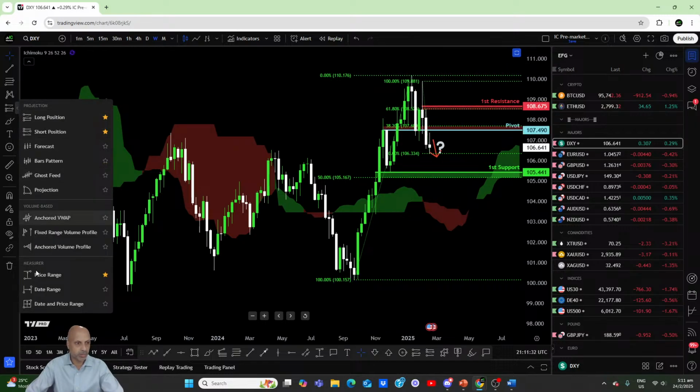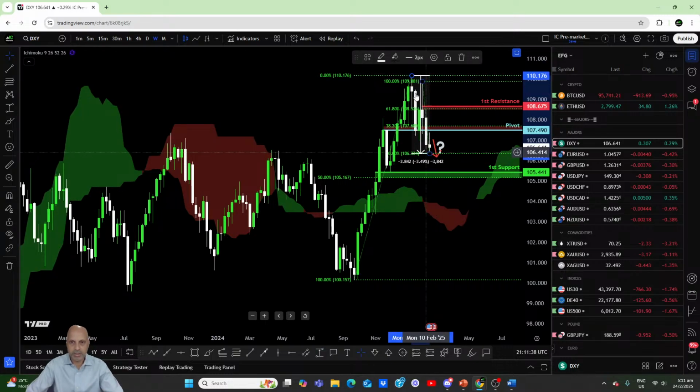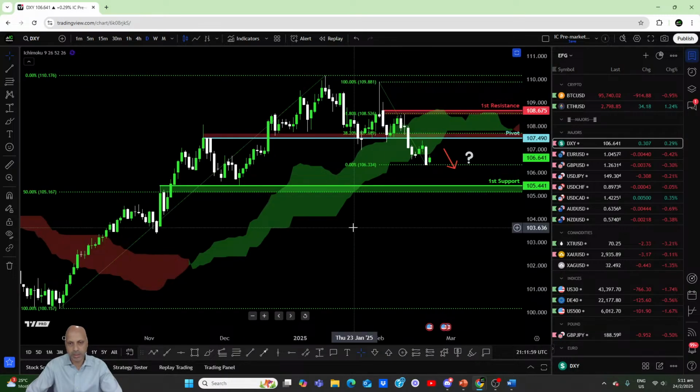From peak to trough, it has dropped as much as 3.5% since mid-January. In more recent weeks, we've seen it decline for 3 consecutive weeks. Clearly demand for the dollar is faltering, and that has caused the dollar index to drop quite sharply.